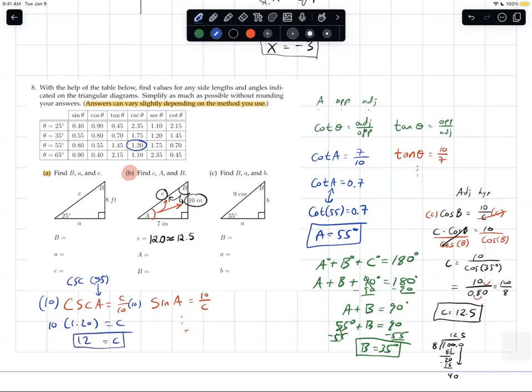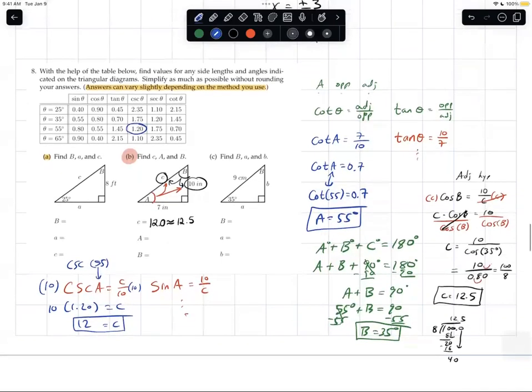Notice how easy that was. If you choose the correct trig function, or by correct I mean the one that's easiest to solve, you can save yourself a little bit of time. Yeah, it took us a few seconds, whereas the other one had some long division and other stuff to do. All right, cool.